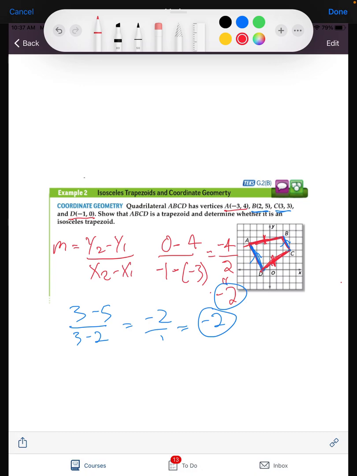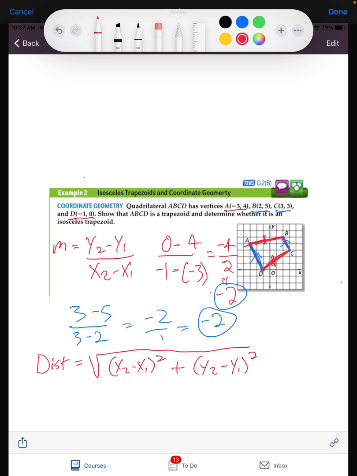So we'll use our distance formula. And you could also put this into GeoGebra to calculate the distance. But let's use our distance formula. Distance equals the square root of x2 minus x1 squared plus y2 minus y1 squared.